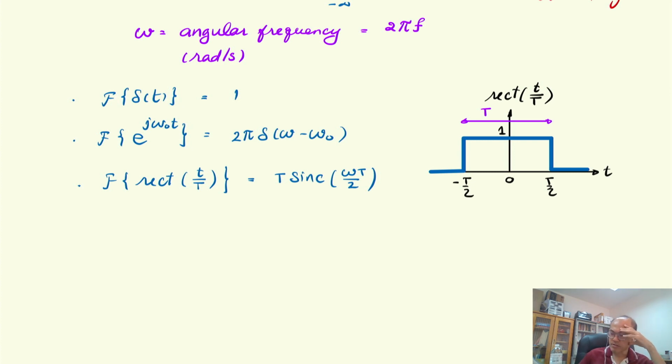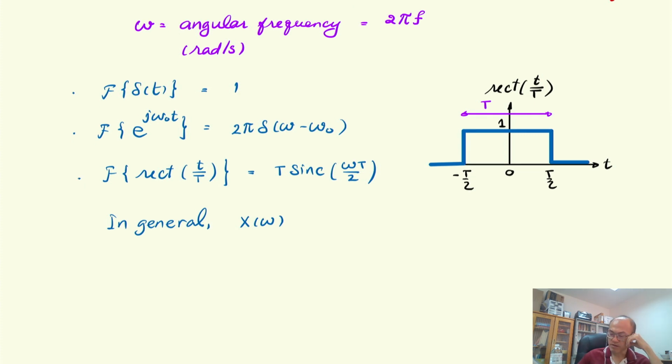Now, in general, X of omega will be a complex valued function. When I say a complex valued function, I mean that its value at any omega could be a complex number.